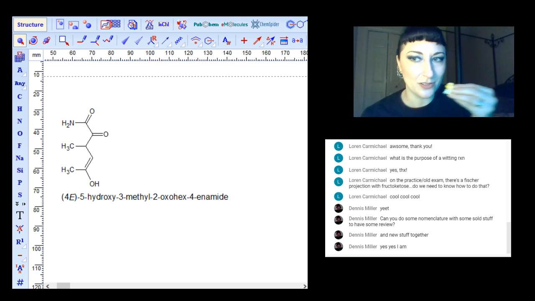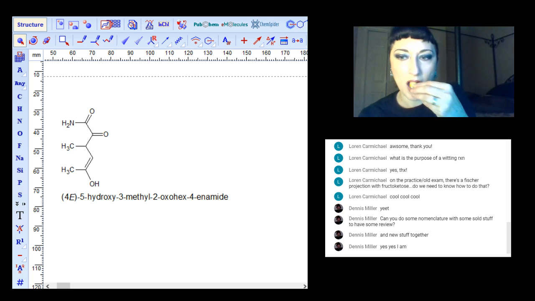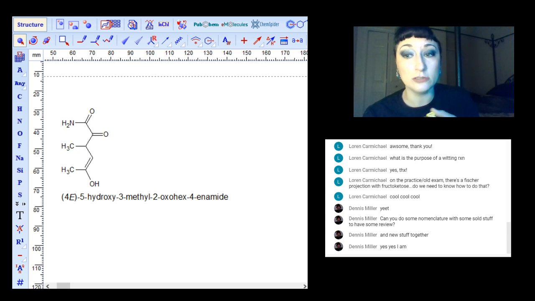Name this. It has a carboxylic acid and an acid chloride. It's actually pretty interesting if you do it. I don't know why I'm thinking of Bradley and Victor.